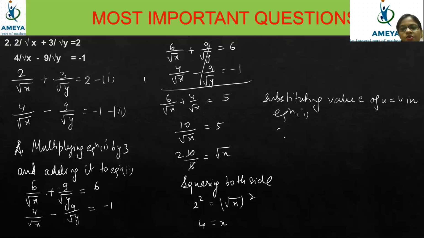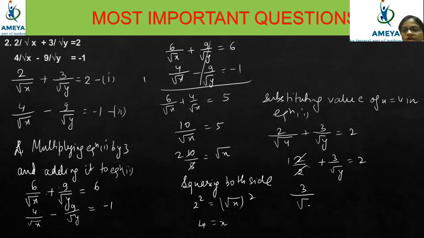So 2 by root under 4 plus 3 by root under y is equal to 2. So 2 by 2 plus 3 by root under y is equal to 2. So here now 1 is coming. So 3 by root under y is equal to 2 minus 1.